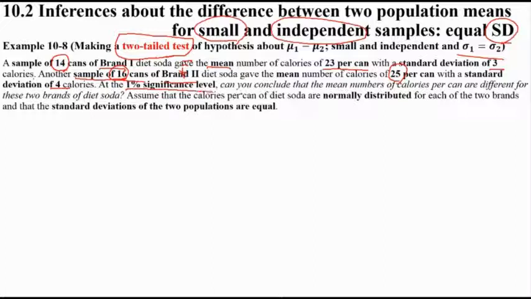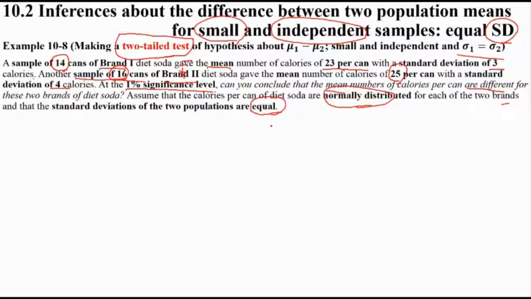The question is, can you conclude that the mean number of calories per can is different for the two brands of diet soda? So it is a difference in means, not no difference. This is a two-tail test. Assume the calories per can of soda are normally distributed and the two brands' population standard deviations are equal.